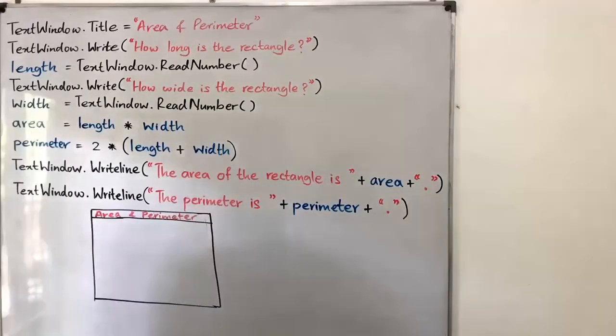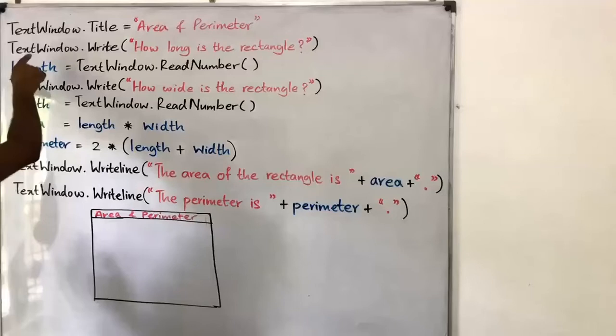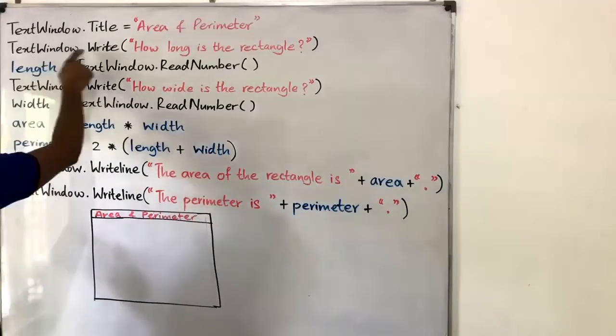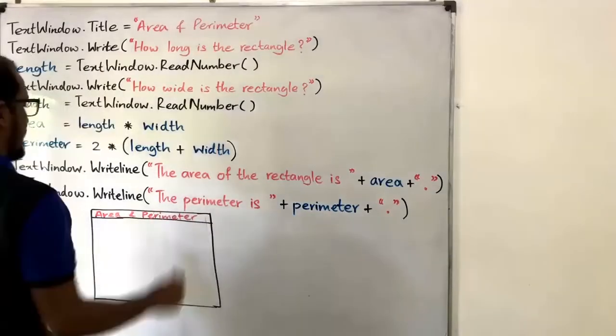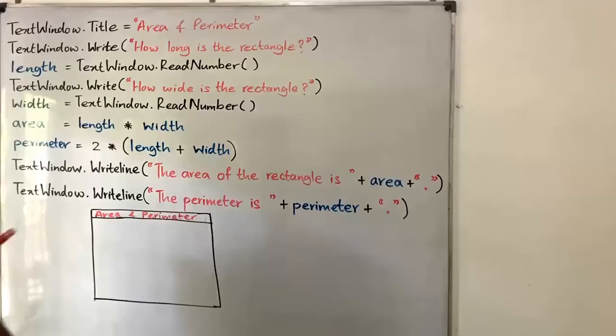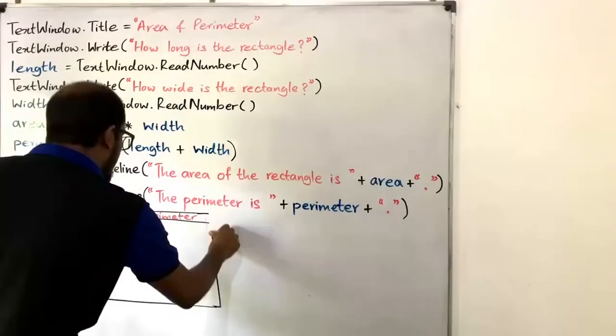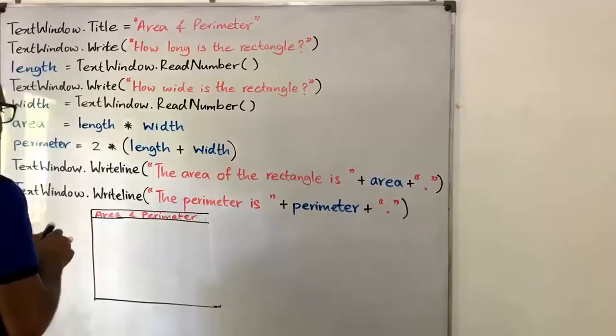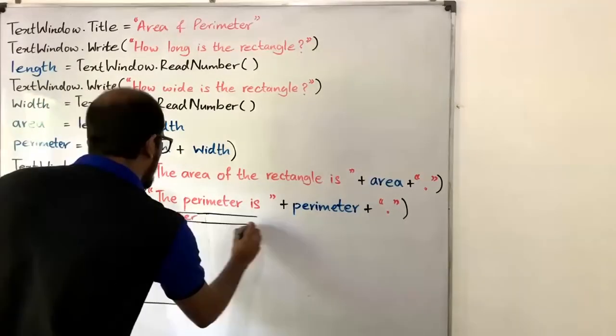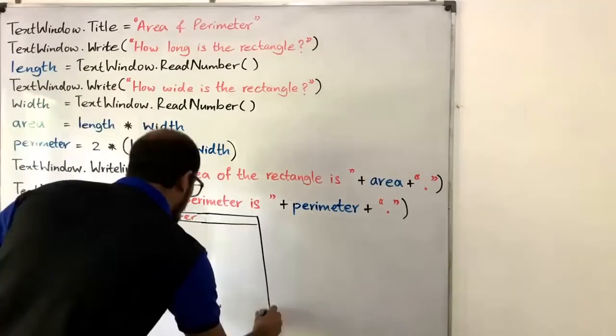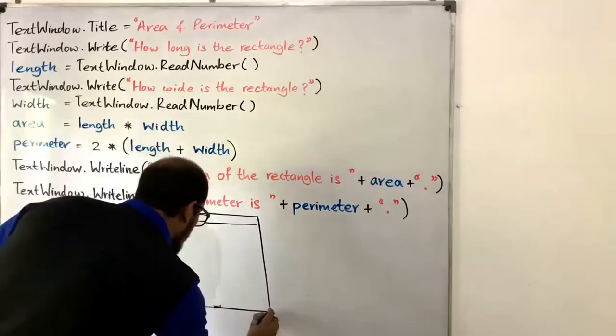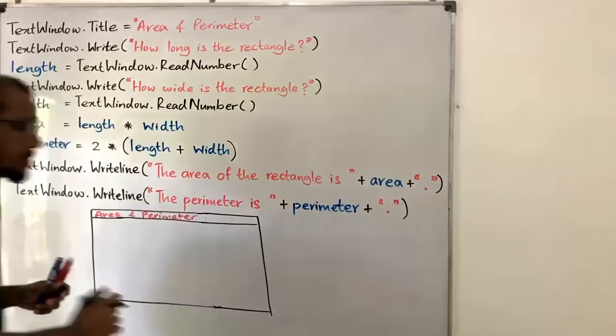In the next statement, it says text window dot write: how long is the rectangle?